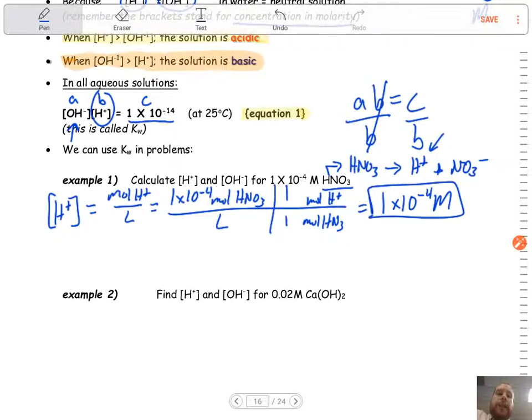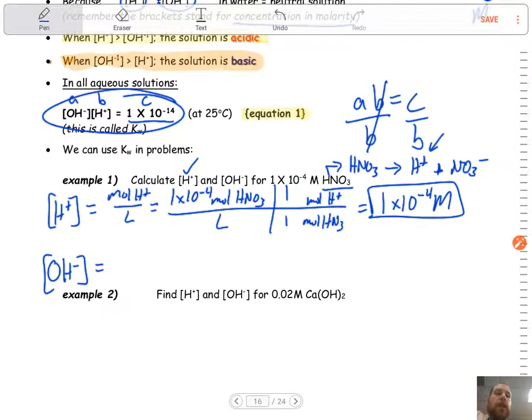Am I done with this problem? No, because it wanted me to get hydrogen ion concentration, but I also have to get hydroxide ion concentration, okay? So that's where we're going to use equation 1. If I have one ion given to me, I can get the other one using this formula right here.